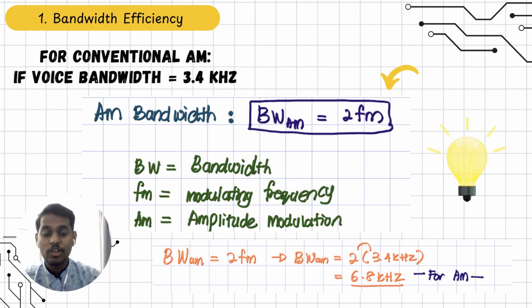This means the conventional AM signal requires 6.8 kilohertz of spectrum to transmit a voice signal with a bandwidth of only 3.4 kilohertz. In other words, AM uses twice as much bandwidth because it transmits both the upper sideband and the lower sideband. All right, we're going to move to the next slide.